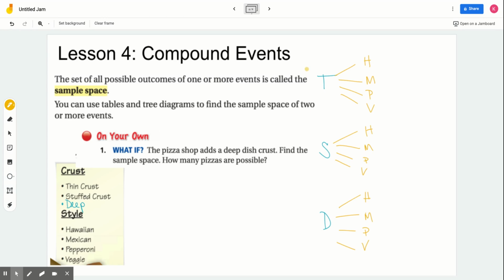So here you can see that with each of the 3 crust options, there are 4 different style or topping options, which means that there are 4 types of pizza with thin crust, 4 types of pizza with stuffed crust, and 4 types of pizza with deep dish crust. Therefore, there are 12 different styles of pizzas possible.